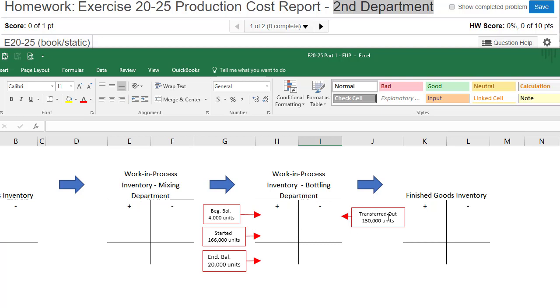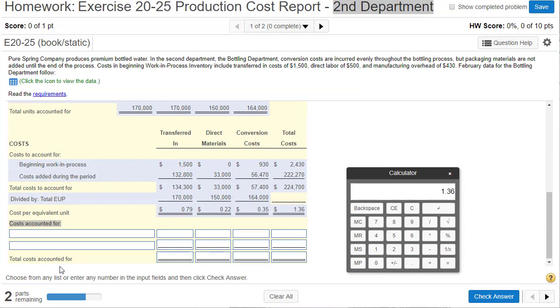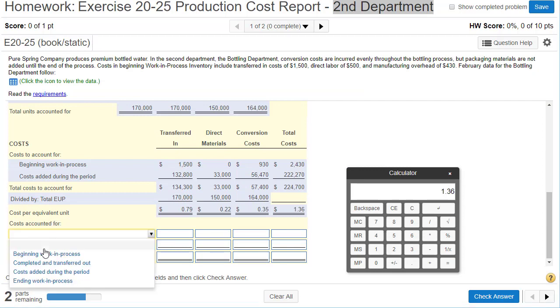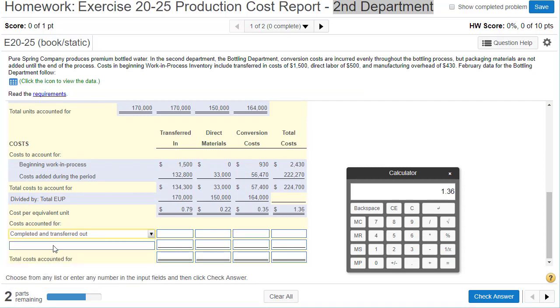So the completed ones are transferred out and the incomplete ones still stay in there to be finished in the next period. So our labels are the units that are completed and transferred out, and then the ending work in process, the ending balance, in other words.